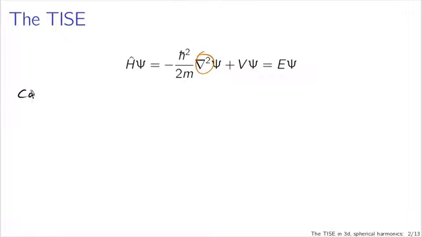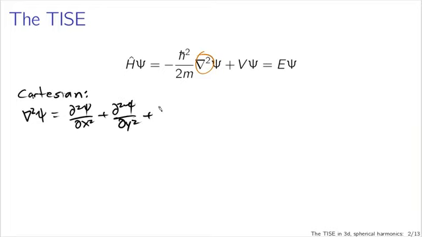If I'm working in Cartesian coordinates, the Laplacian is relatively simple. Del squared, and let me suppose that it's acting on a function psi here to keep the notation simple, is equal to the second derivative of psi with respect to x, plus the second derivative of psi with respect to y, plus the second derivative of psi with respect to z.